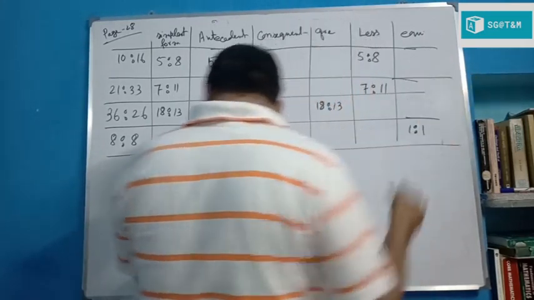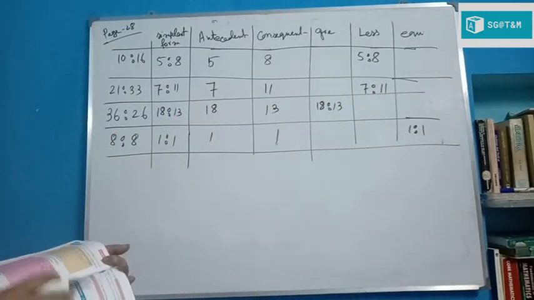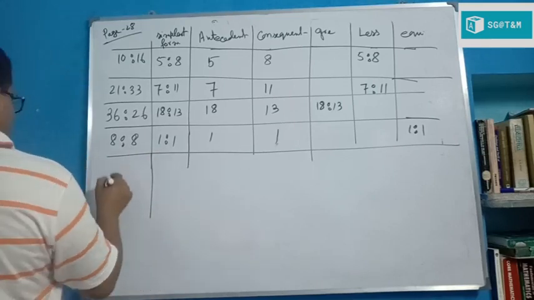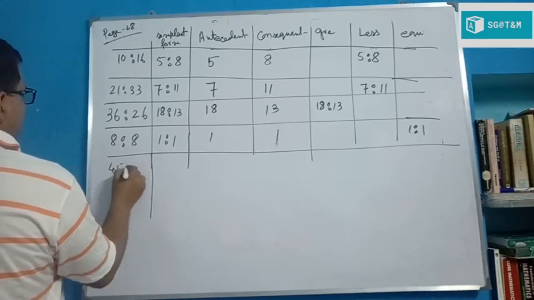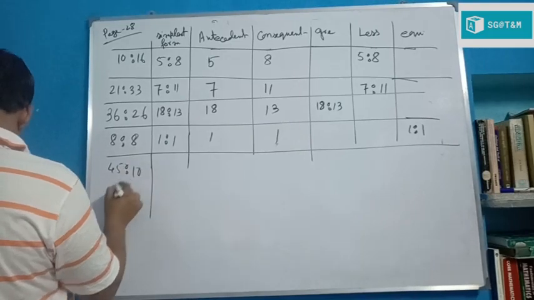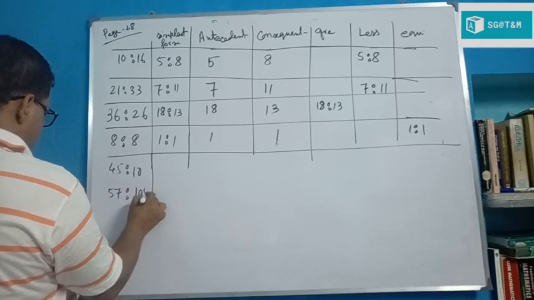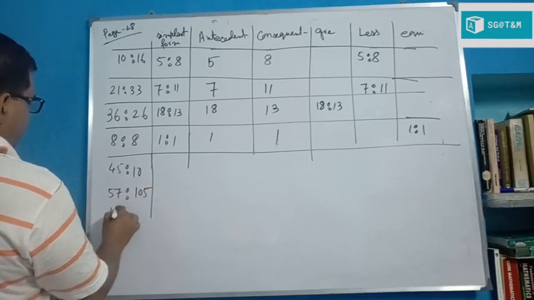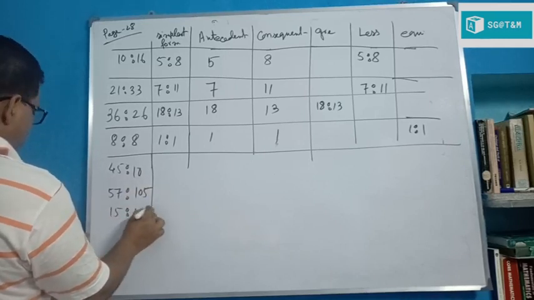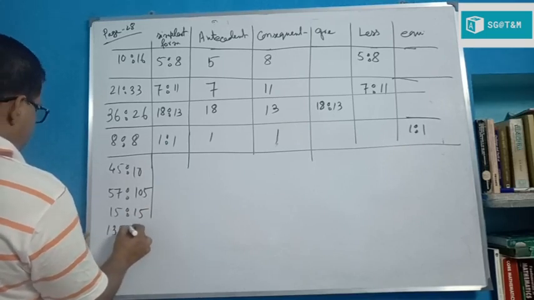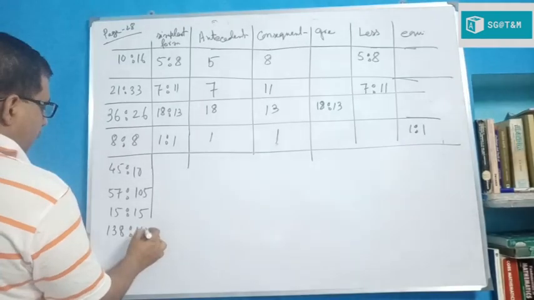Very easy. A few more for you to complete yourself. Next ones are 45:10, 57:105, 15:15, and 138:162.